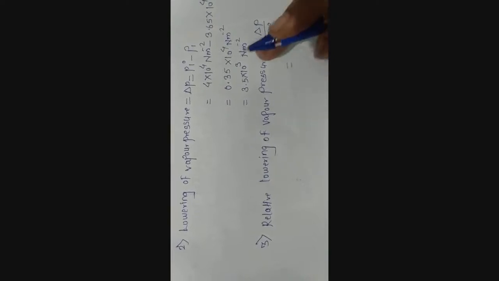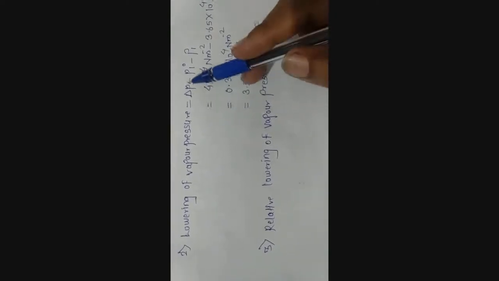Delta P is equal to P10 minus P1, which is 3.5 into 10 raised to 3 Newton per meter square, upon P10, which is 4 into 10 raised to 4 Newton per meter square.